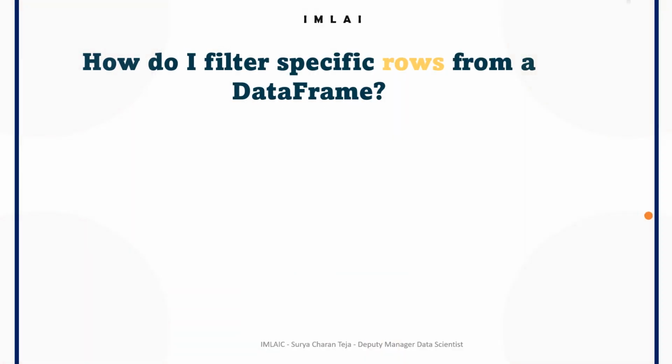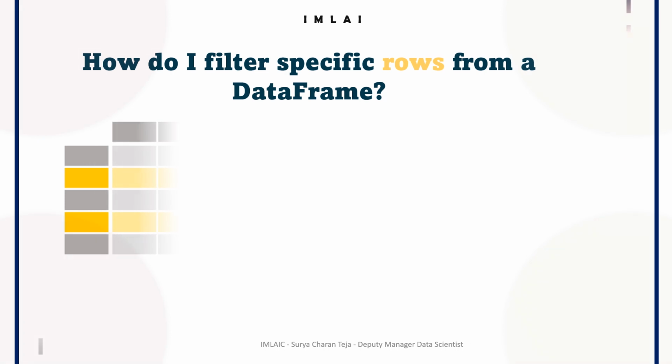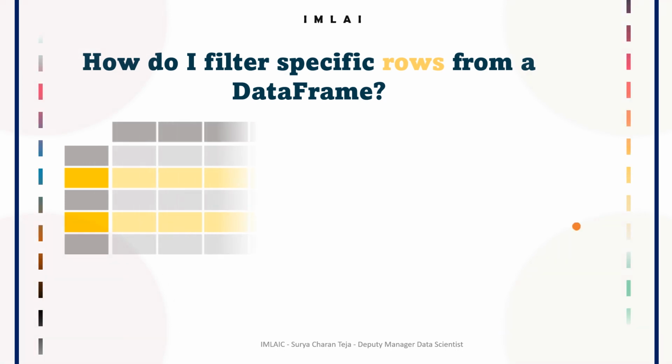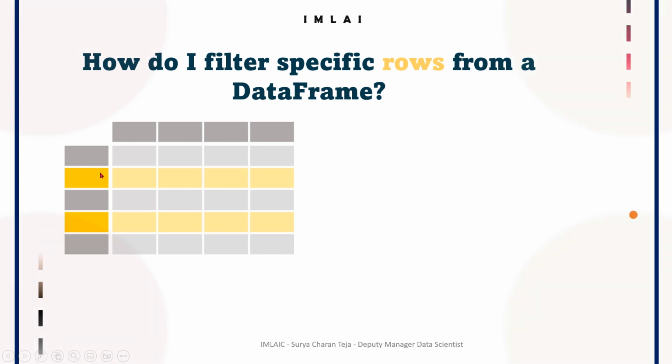So now I want to know how do we filter specific rows from a data frame. That's what we are going to look at. This is our data frame, and out of it I want to filter out the marked ones, these yellow ones. How can I do that? To filter out these rows, what tool do I have to use?